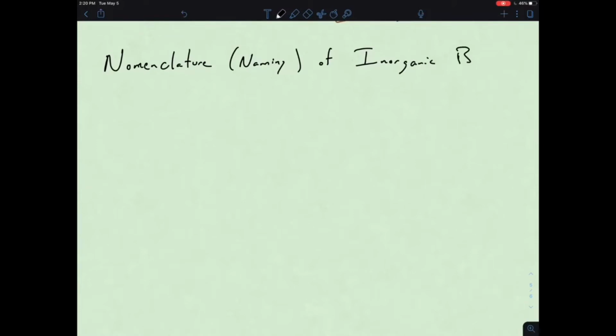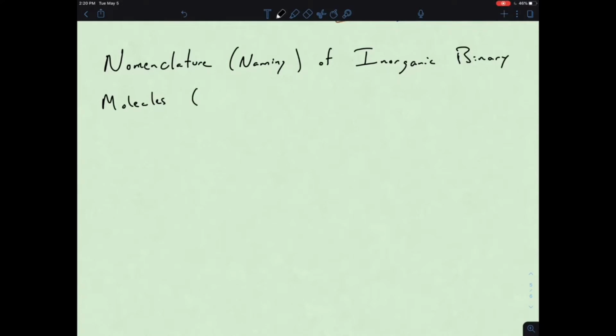So now let's get into the nomenclature, or the naming, of inorganic binary molecules.